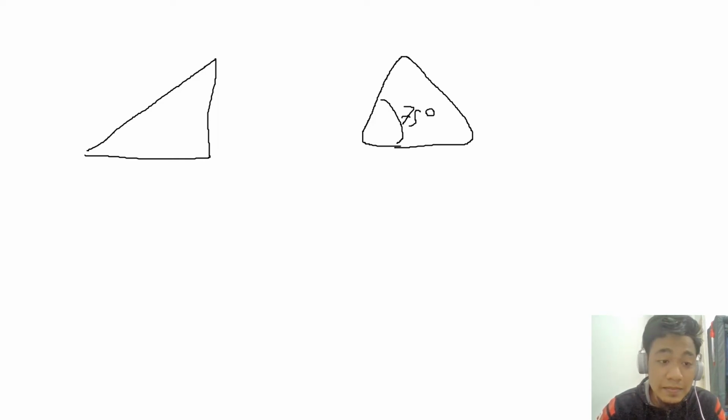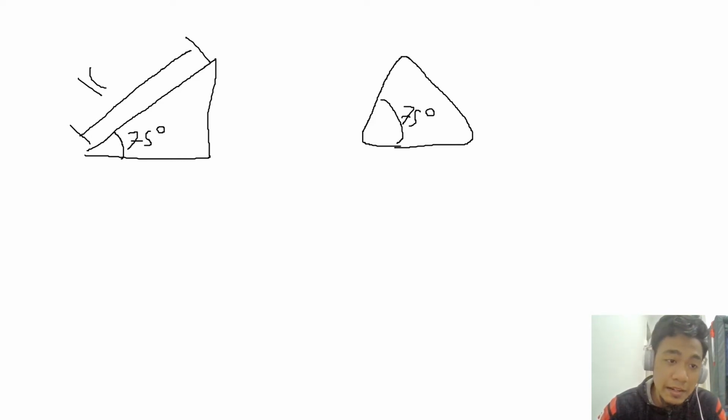So here we also have 75 degree. The length from here to here is 100. Why 100? Because our sine bar is 100 mm. The only thing we need to find is the height. We don't know the height.